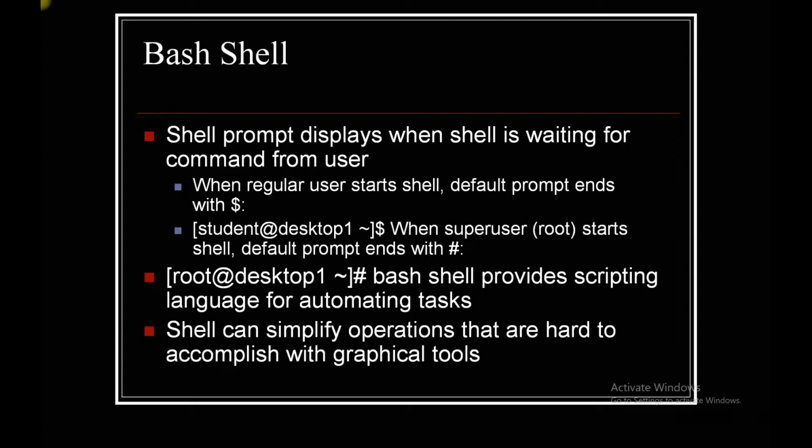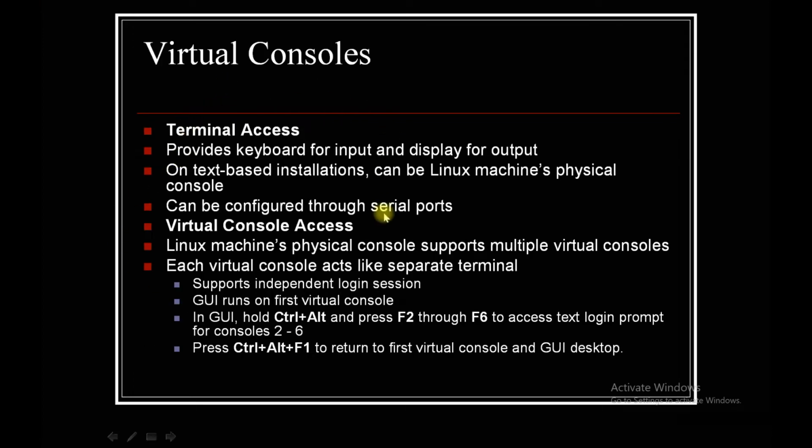If you use a graphical view, it will take a lot of memory and slow down the system. That's why you always use the command line, which is faster, consumes less memory, and lets you execute your tasks very accurately.